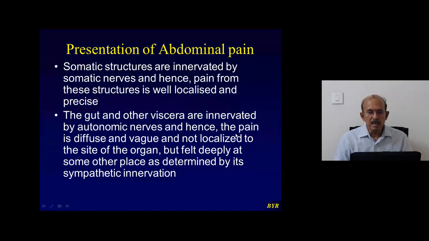But the patient will feel the pain, though the pain is diffuse and vague and not localized to the site of the organ, but felt deeply at some other place as determined by its sympathetic innervation. So this sentence looks very complicated. Anyway, I will explain it in the next slide.